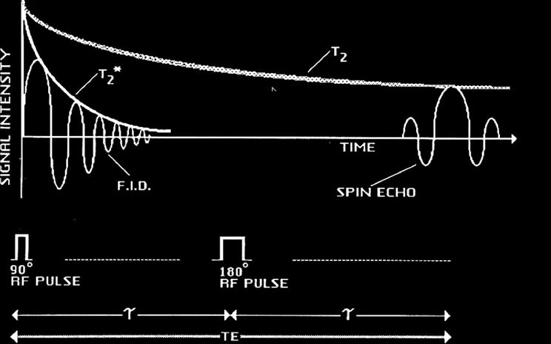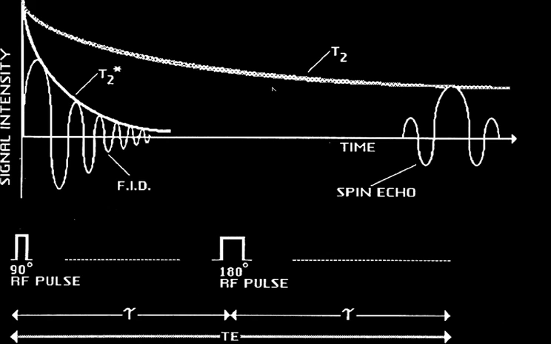It would never drop off because they would stay in phase and you would never lose phase. So the bulk magnetization vector would just rotate around in the XY plane forever and you'd always have signal. But what happens is that they get out of phase and the signal drops off.